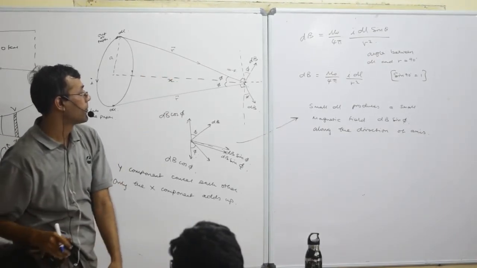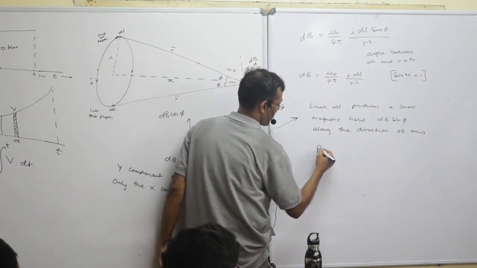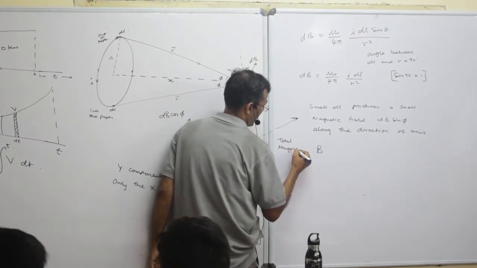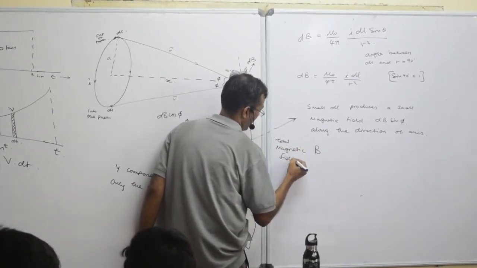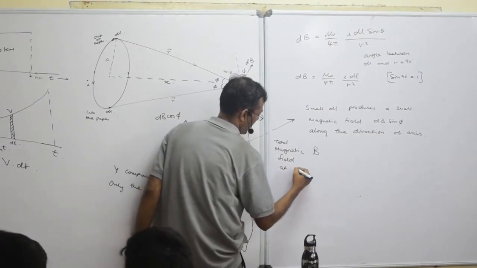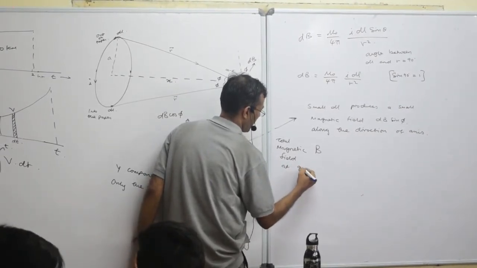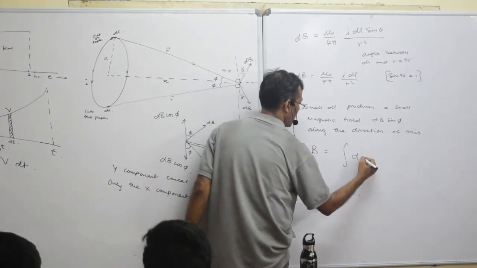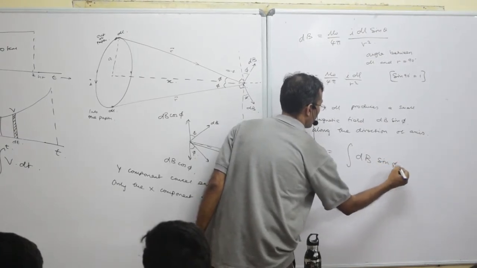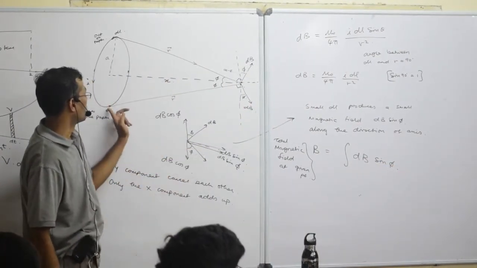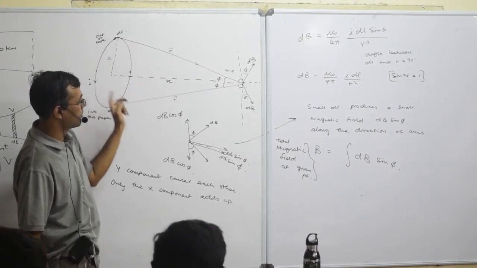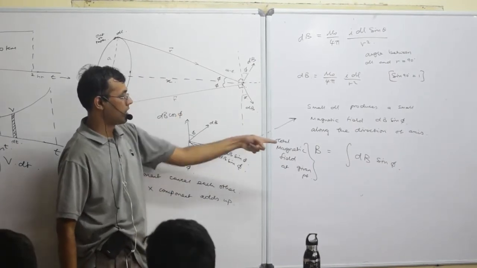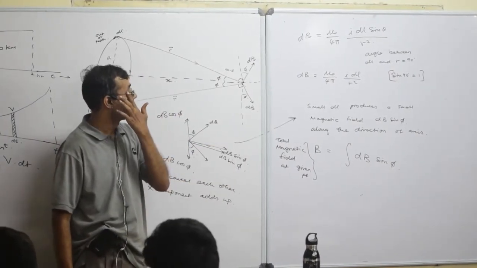So now I can say if I want the total magnetic field B, the total magnetic field B at the given point is given as the integral of dB sin phi. So this is due to one small dl. So if I calculate for the entire circle, I have to integrate for all the dls. So that's the meaning of this. Okay.